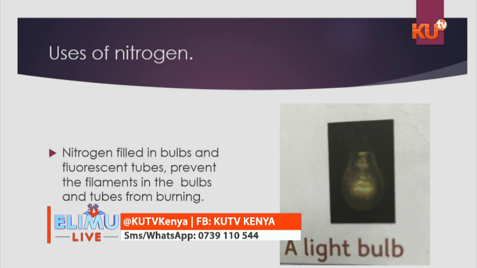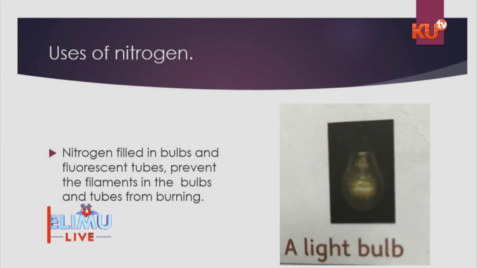And what is the work of that nitrogen in the bulb? Inside the bulb, we have small wires. These are the wires that glow to produce light. And these small wires are called filament. Now, when a bulb lights or a tube lights, it becomes hot. And when it becomes hot, it can burn.